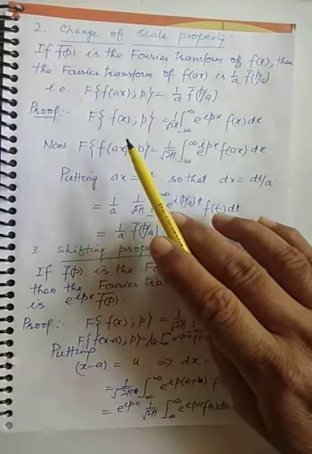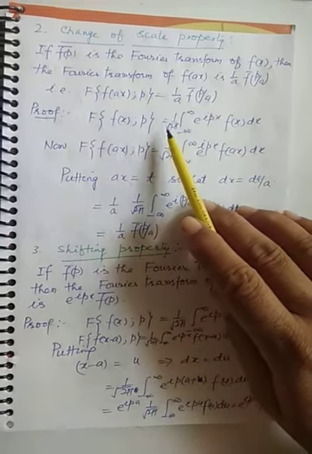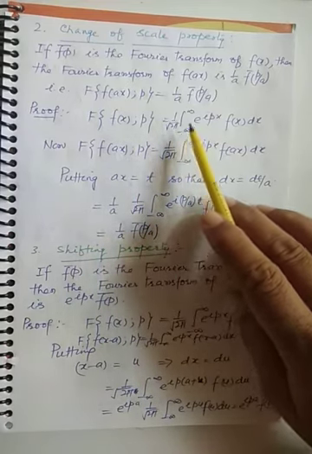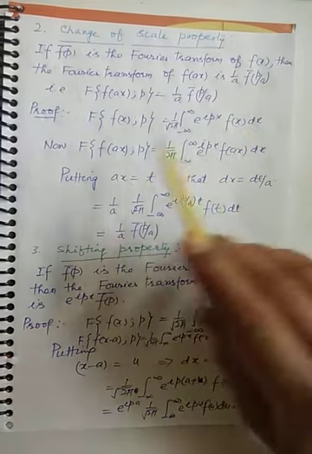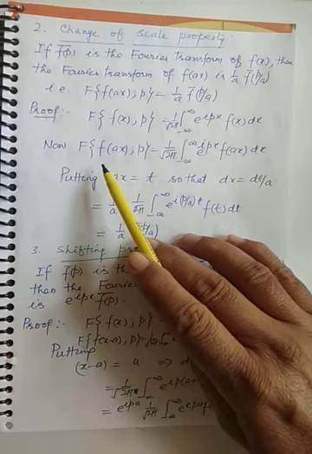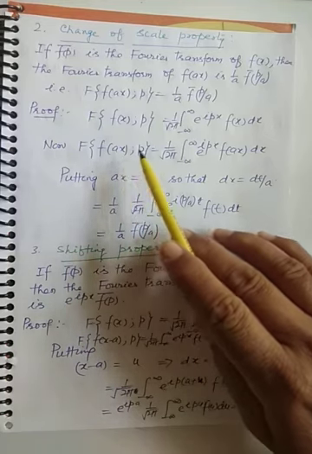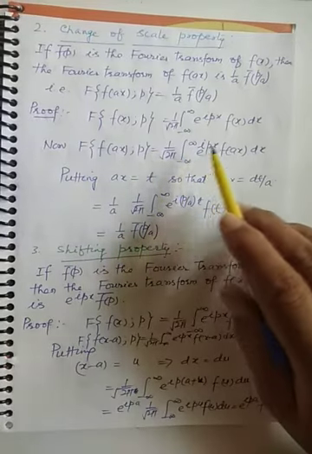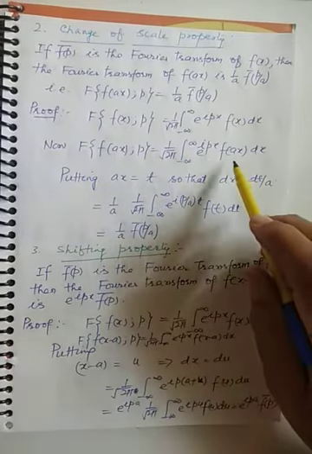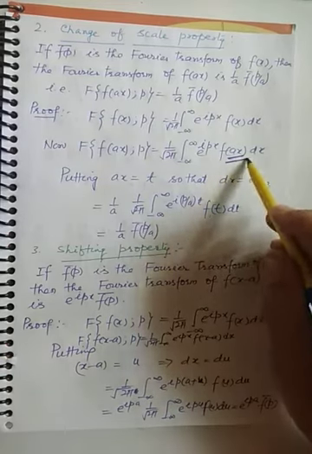We can define the Fourier transform of f(x) with parameter p as 1/square root of 2pi times the integral from minus infinity to infinity of e^(ipx) f(x) dx. Now, the Fourier transform of f(ax) with parameter p will be equal to 1/square root of 2pi times the integral from minus infinity to infinity of e^(ipx) f(ax) dx.